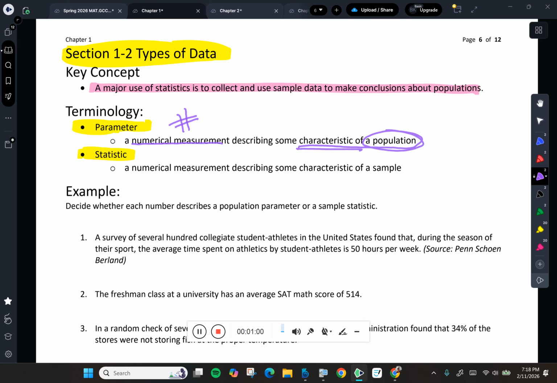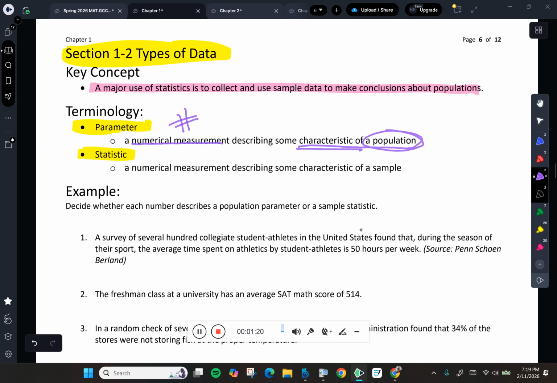It could be anything. But if you were attempting to describe an average person in an entire population and you want to talk about their height, then a parameter would be a number that would describe the average height of an element, a person in that population.